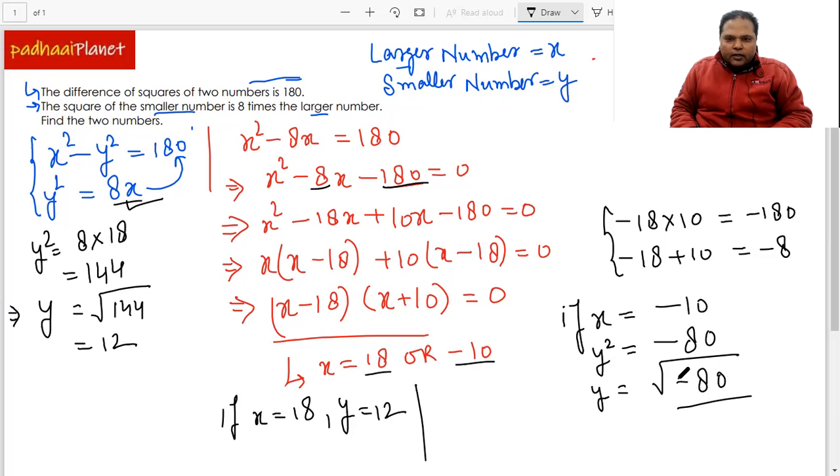So we can take this as minus square root 80, which is equal to minus 2 root 40, and we can again take 2 out of the square root and it finally becomes minus 4 square root 5. So that's the value of y if x is equal to minus 10, right?